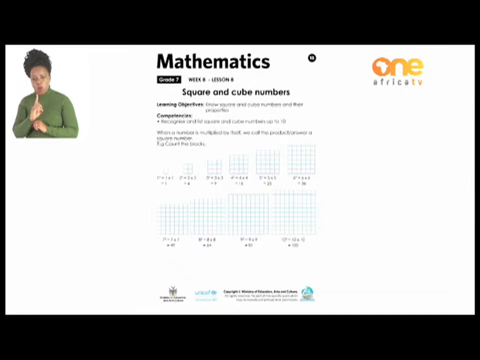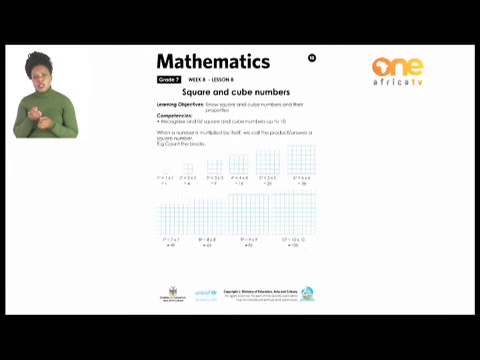The second, we have 4 blocks there, and that is 2 squared, so 2 times 2 gives you 4. Then 3 squared, 3 times 3 gives you 9, 4 squared, 4 times 4 gives you 16, 5 squared, 5 times 5 gives you 25, 6 squared, which is 6 times 6, gives you 36.